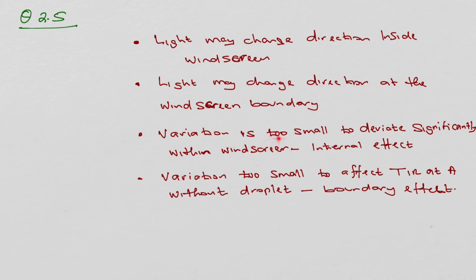Variation is too small to deviate significantly within the windscreen. That will be the internal effect. Variation is too small to affect the total internal reflection at A without a droplet. That's the boundary effect. So you can choose any two from this question.